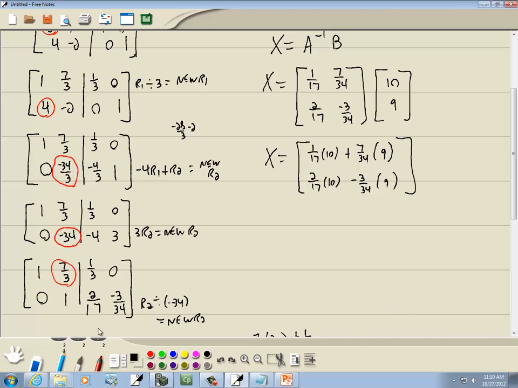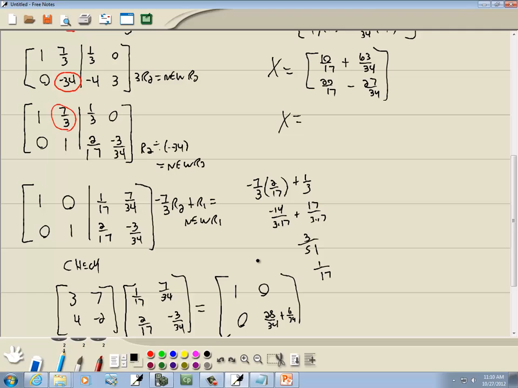Okay. That gives us 10/17 plus 63/34. This gives us 20/17 minus 27/34. And we need to get a common denominator, which would be 34.